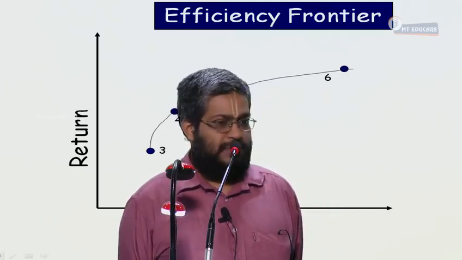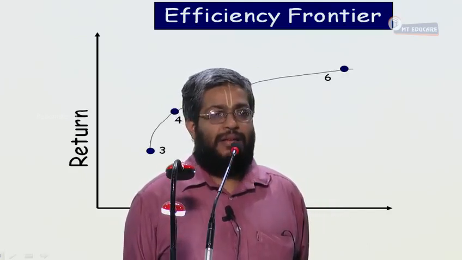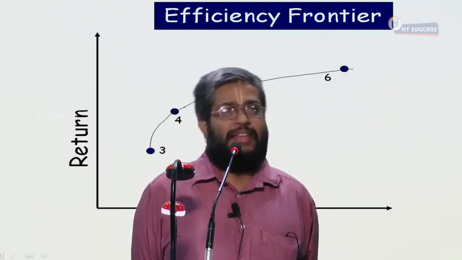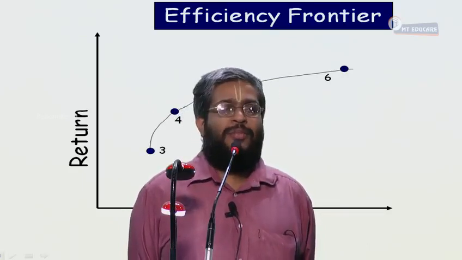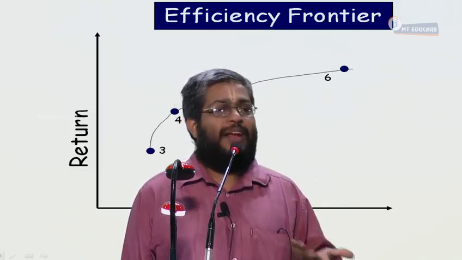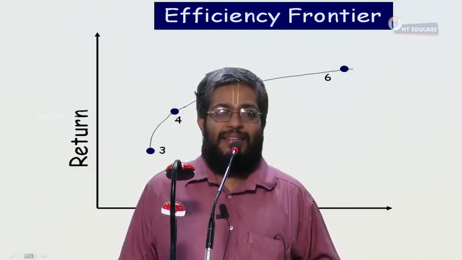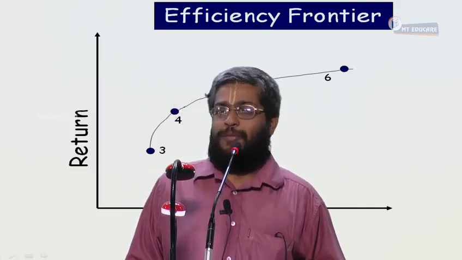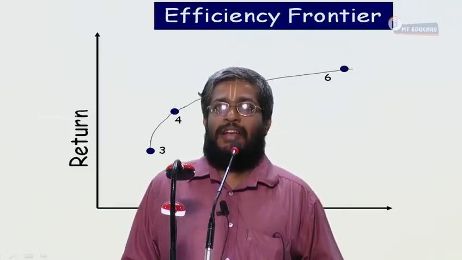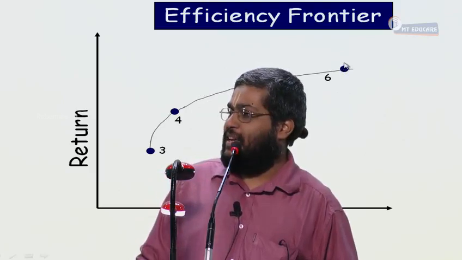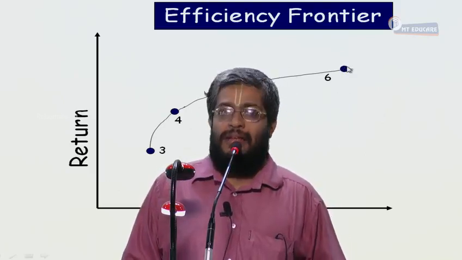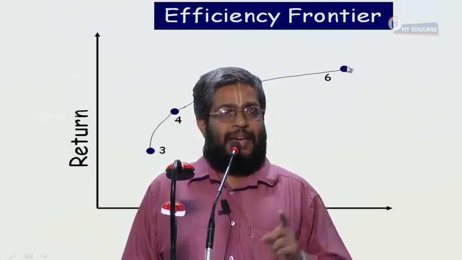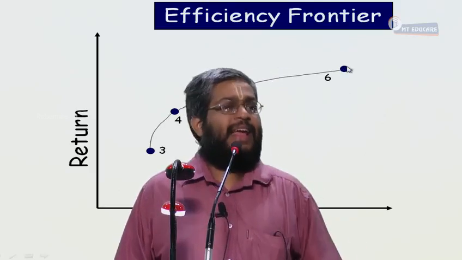Any doubt? Yes, securities also can be on the curve. A portfolio is also a combination of securities. Now, don't get confused about portfolio or security. For example, this 6 is a security, only B is there in 6.